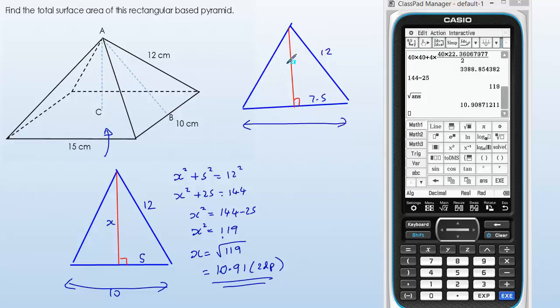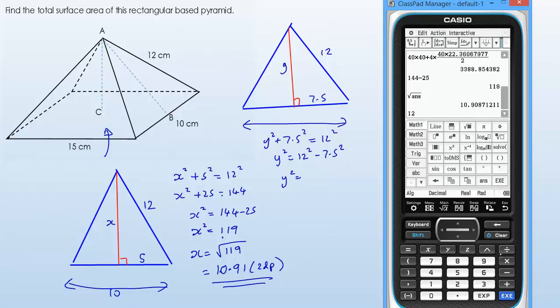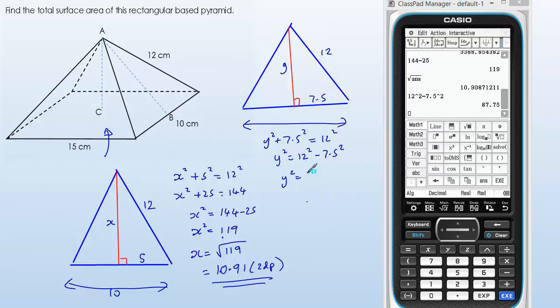Now let's do the same with this one. Let's call this y. So y squared plus 7.5 squared is equal to 12 squared. So y squared is going to be 12 squared take away 7.5 squared. So 12 squared, take away 7.5 squared is 87.75.